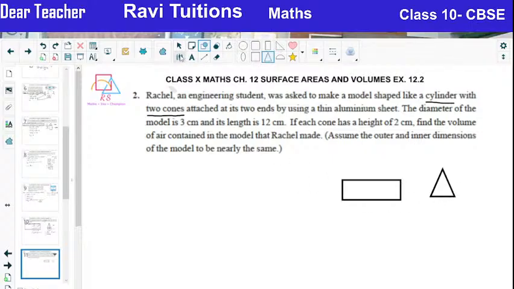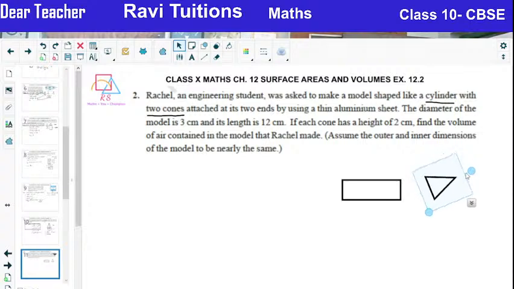This is one cone. So this I will take here, both ends.